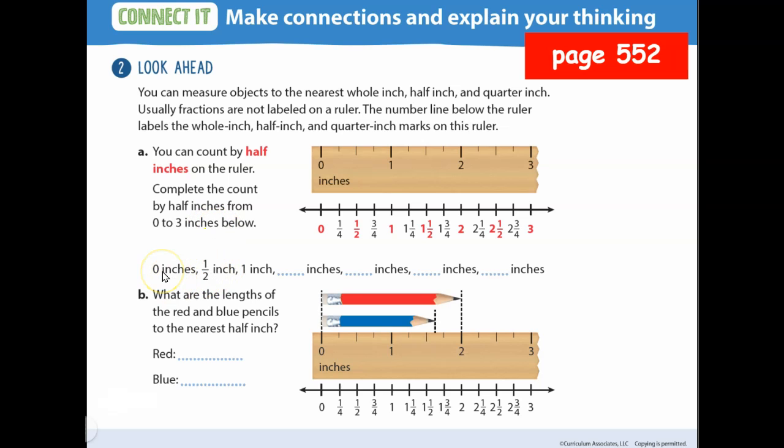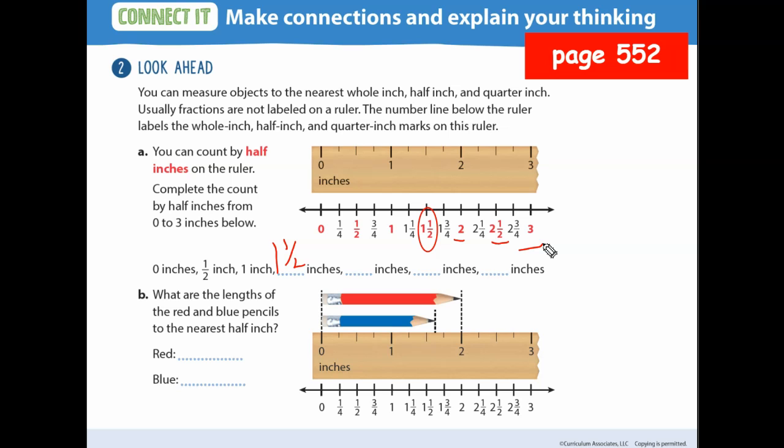So if I have 0 inches, half an inch, 1 inch, what comes next? Look at the red. Right here, look at this. What's that? 1 and a half, 1.5. So you write 1 and then a half. What comes next? I'm looking at the red ones, guys.